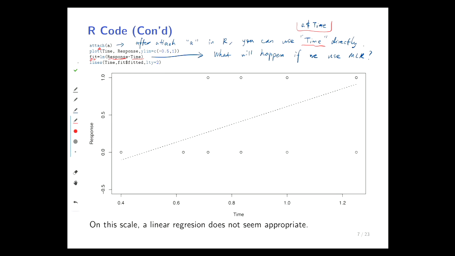And we can use this lines function to draw a dashed line for this fitted line. So this is actually our fitted regression line, drawn by using this lines function. And lty equals to 2 just means we get this dashed line.